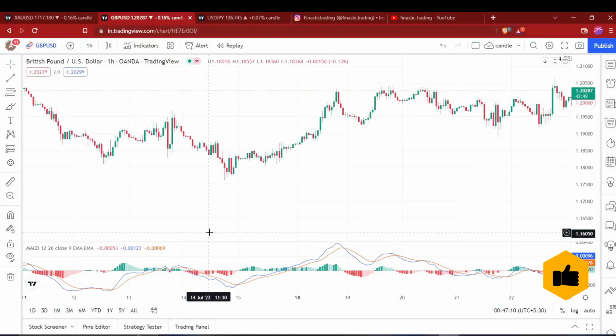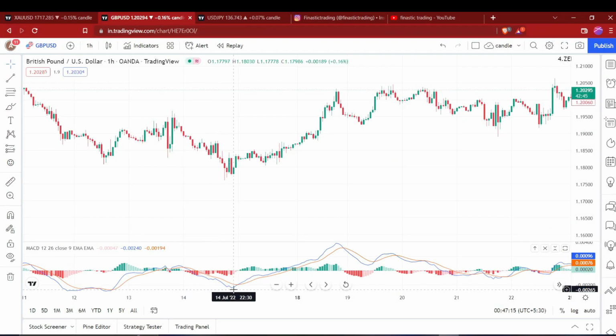The basic way to use this indicator is by looking at crossovers. Whenever the blue line crosses the orange line from below, this is a buy signal. And opposite to it, whenever the blue line crosses the orange line from above, this is a sell signal. As soon as the crossover happens and the area between these lines increases, you can see that the histogram bar size is increasing.